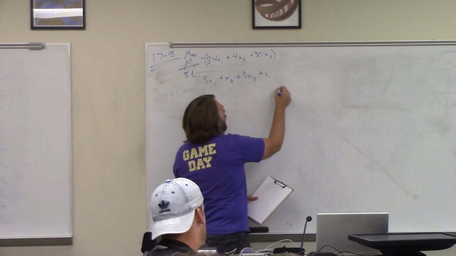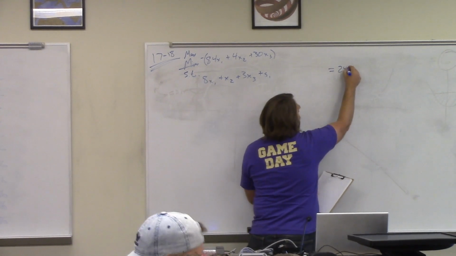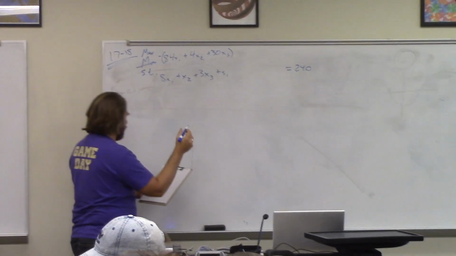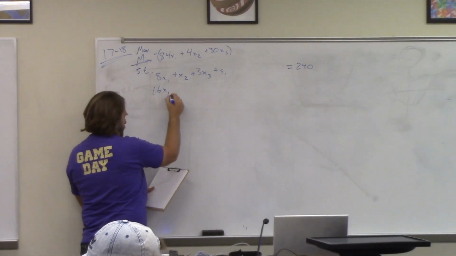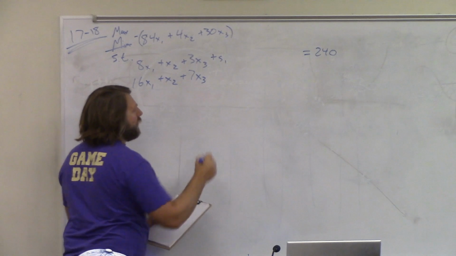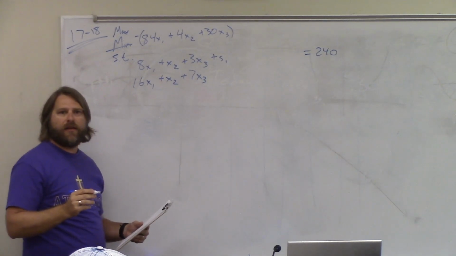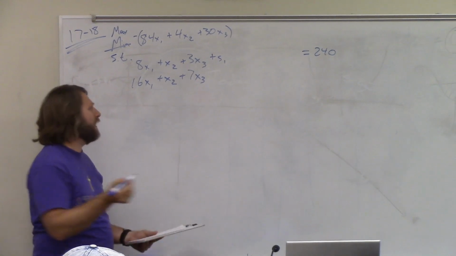So we add slack and we set that equal to 240, right? The next one, 16x1 plus x2 plus 7x3. This one is a greater than or equal constraint. So what do we need to add? Or subtract, I should say.